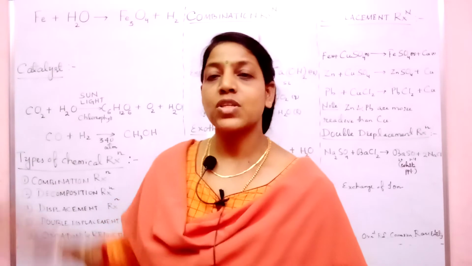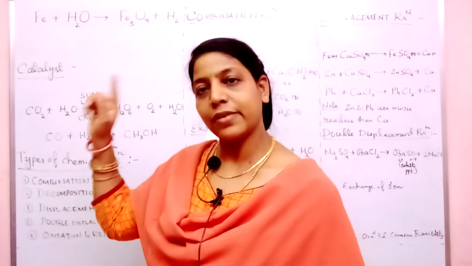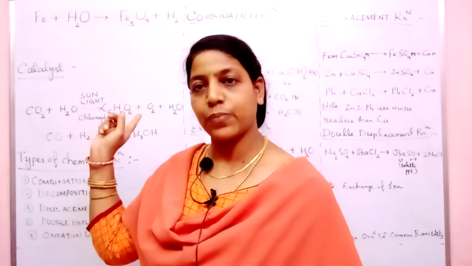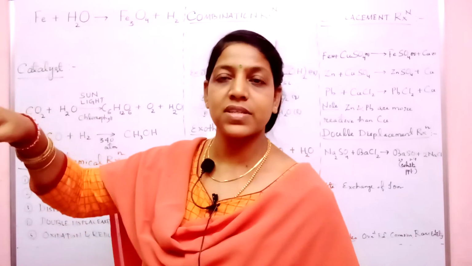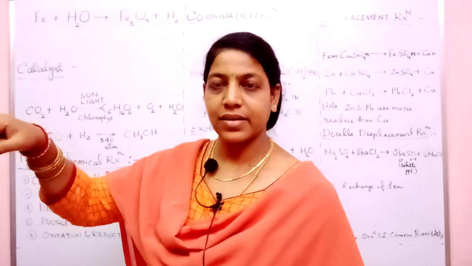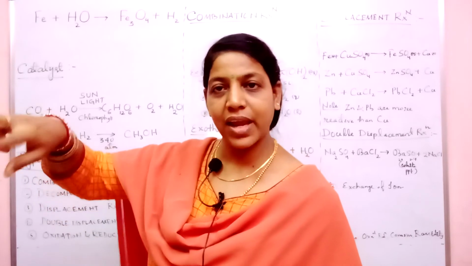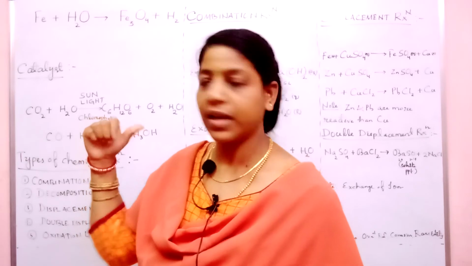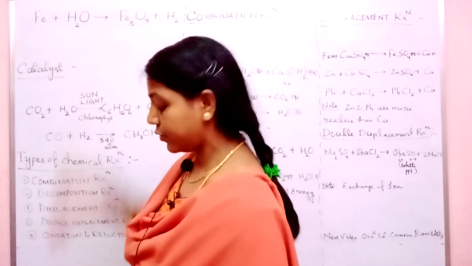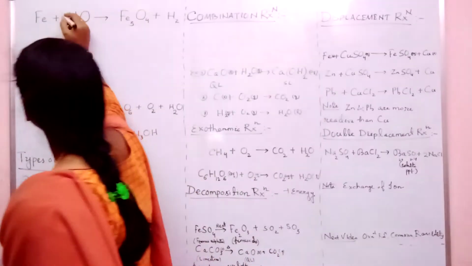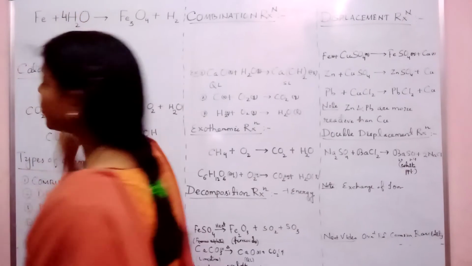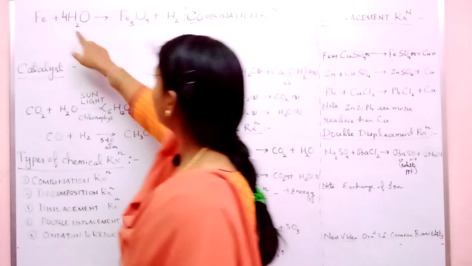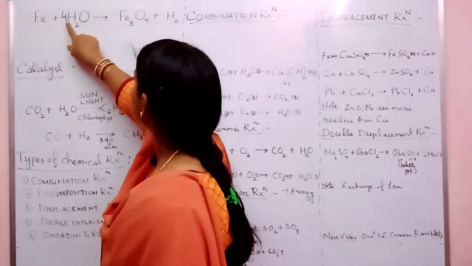Yes or no? So if more atoms are present on the product side, you should balance it first on the reactant side. If it is the reverse, you balance it on the product side, vice versa. Fine. So as it is O4, I will first write 4 here. As soon as I write 4, my oxygen is balanced.